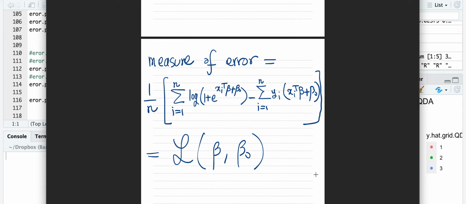So the same way that the measure of error for linear regression is the mean squared error, here we have this term, which is equivalent to the mean squared error, but for logistic regression, obviously the equation is going to be different.